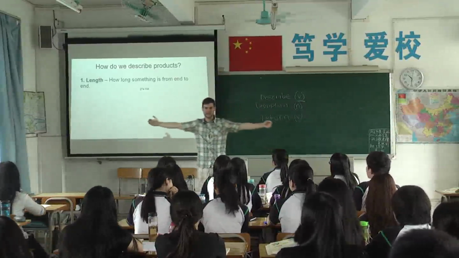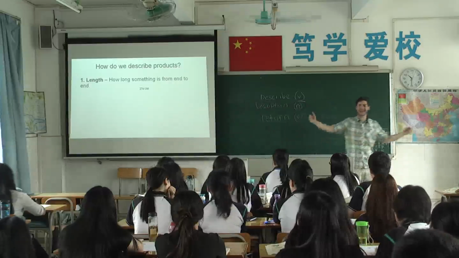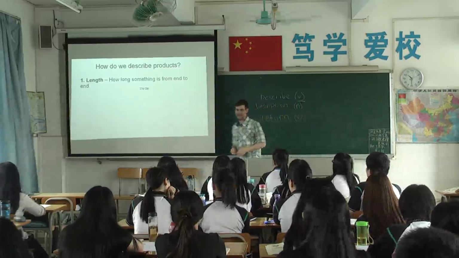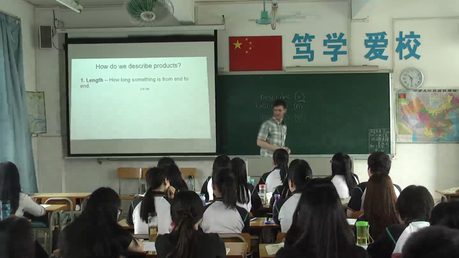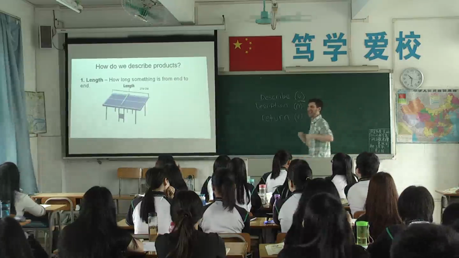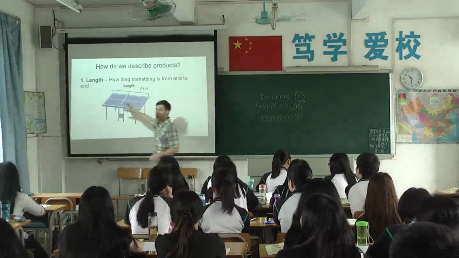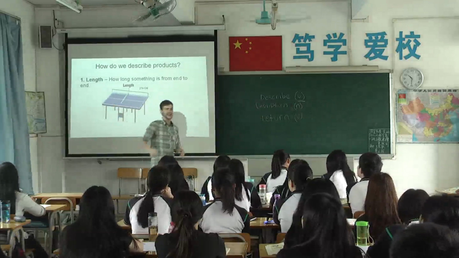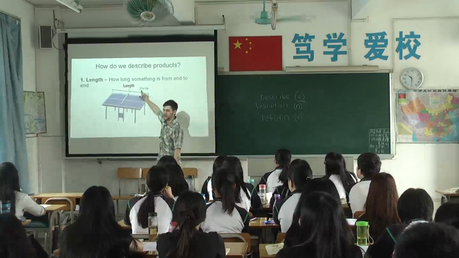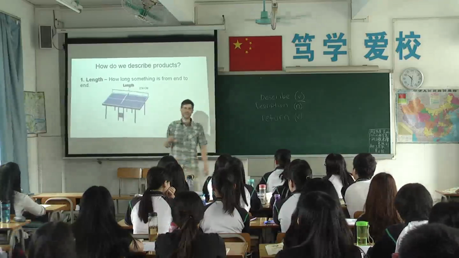Length. How long something is from end to end, right? So, let's look at a ping pong table. I love ping pong. The length is always the longer side. In this case, how long is the length? Centimeters, right?